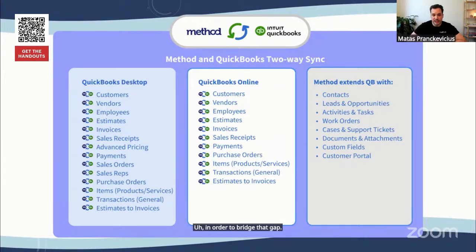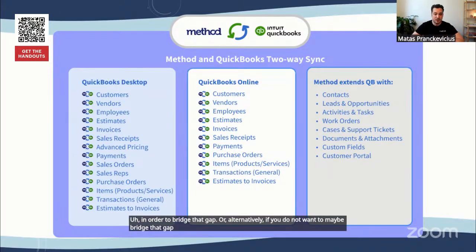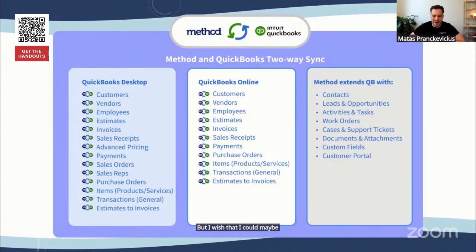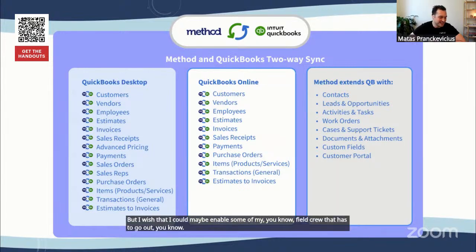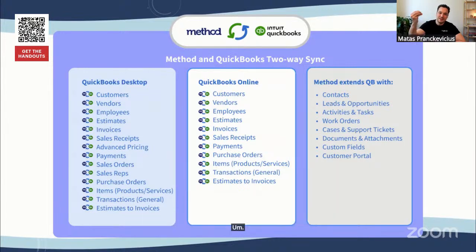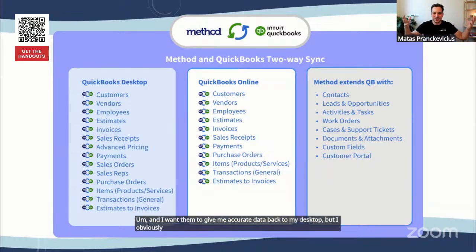Or alternatively, if you do not want to maybe bridge that gap yet, you have a client and they're saying, look, I got desktop, I have all these things that I love inside desktop, but I wish that I could maybe enable some of my field crew that has to go out and service clients, and I want them to give me accurate data back to my desktop, but I obviously don't want them to be portaling in remotely while they're on site somewhere into my accounting. You can also do that.